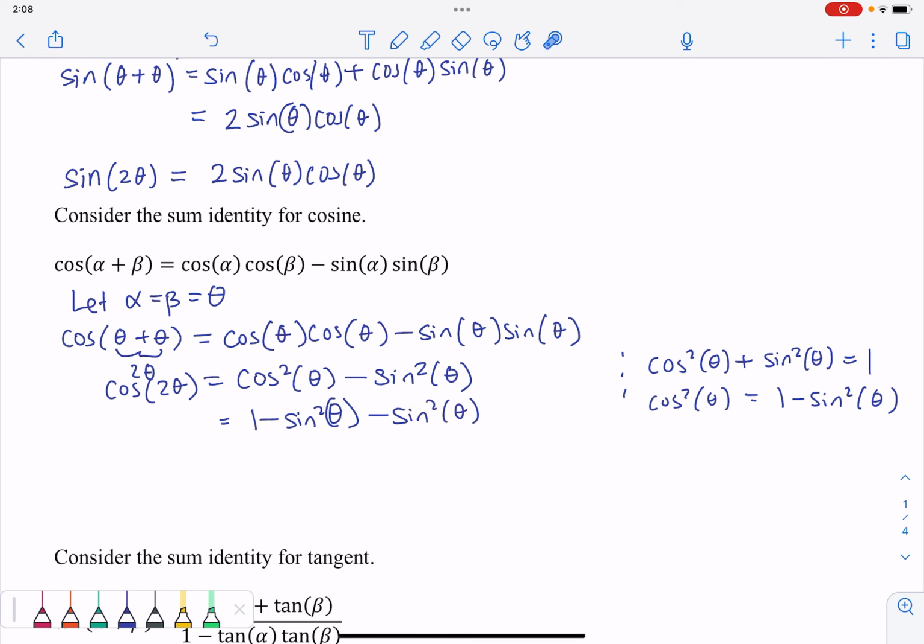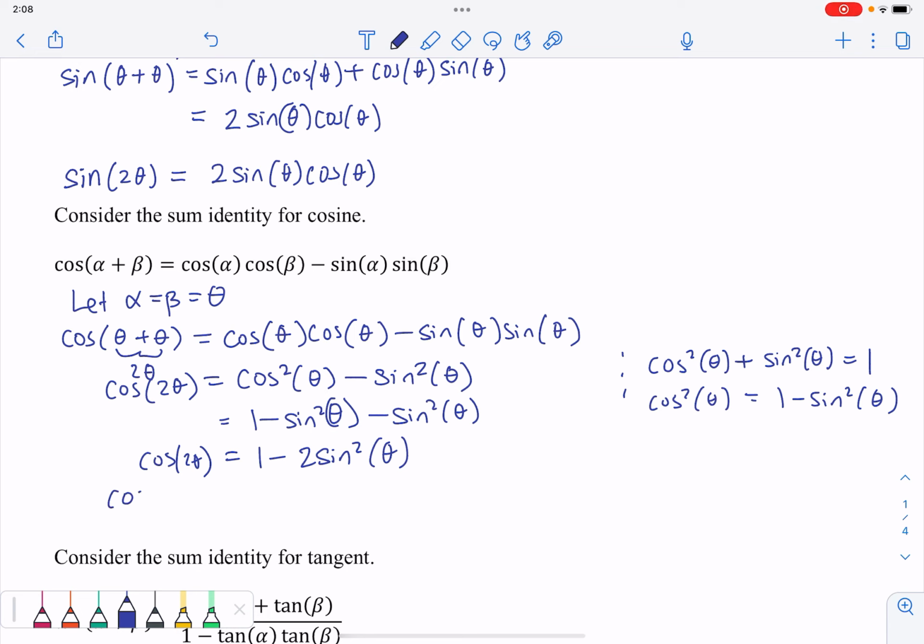So again, this 1 minus sine squared theta is what cosine squared theta becomes, and then I'm still subtracting this sine squared theta. This cleans up to be 1 minus 2 sine squared theta. Okay, so that's another double angle identity for cosine.